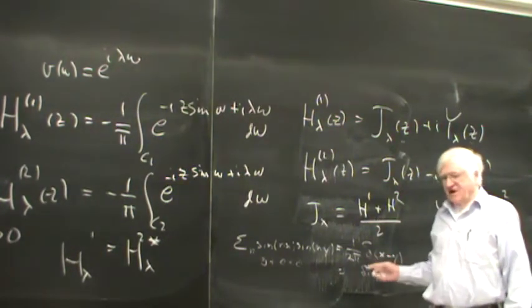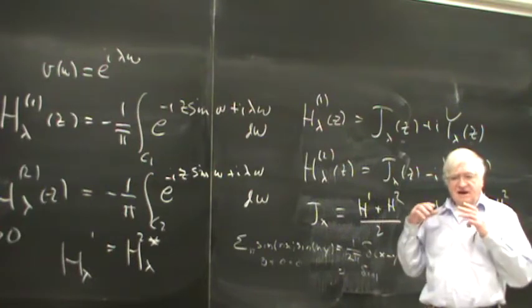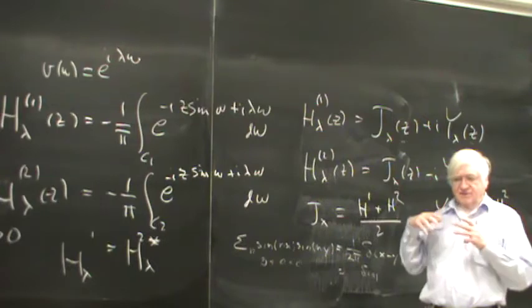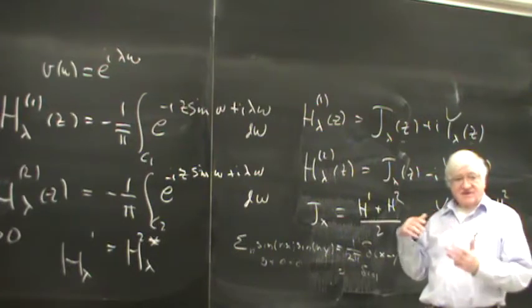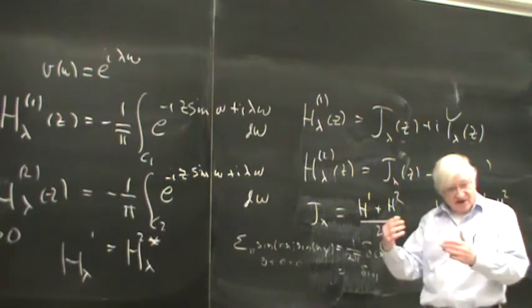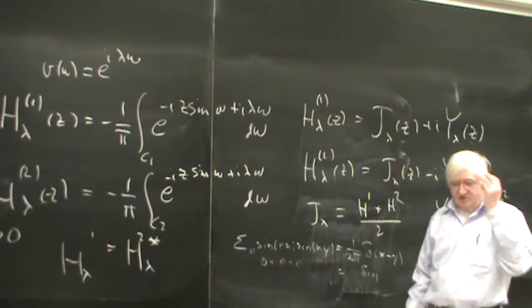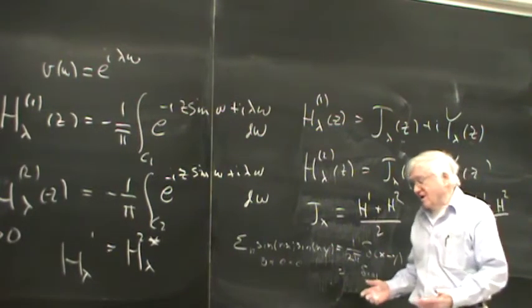So what you could define here would be a linear map from the space of odd functions into the numbers, and that would be a distribution of sorts.